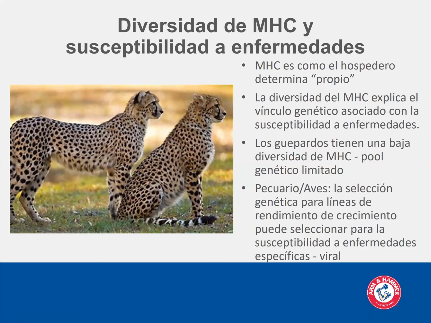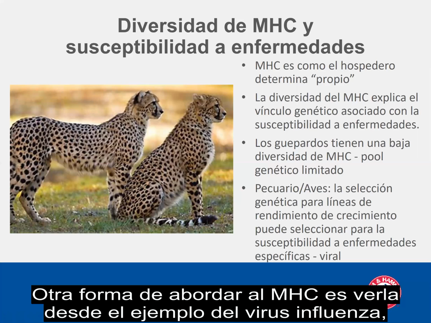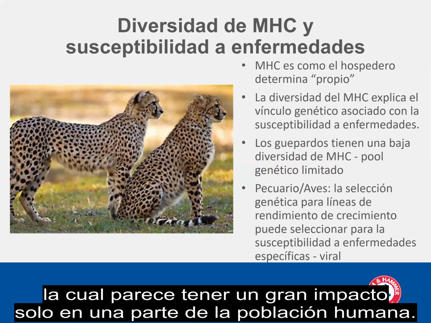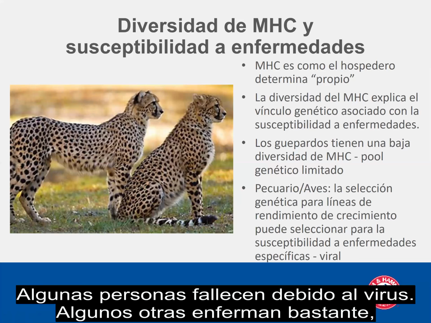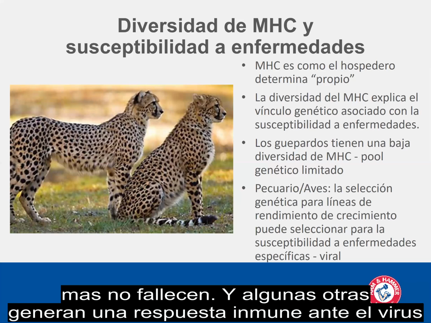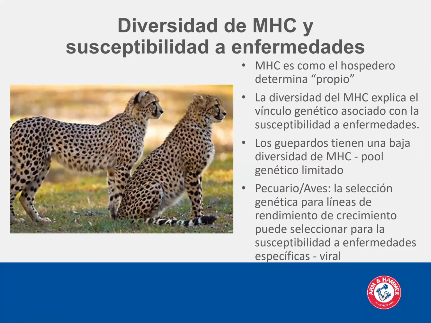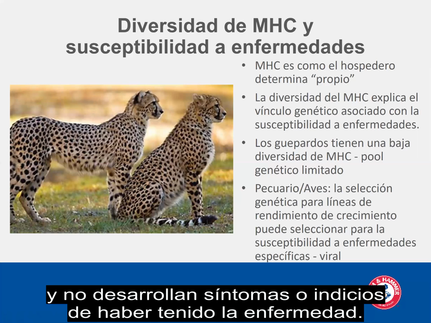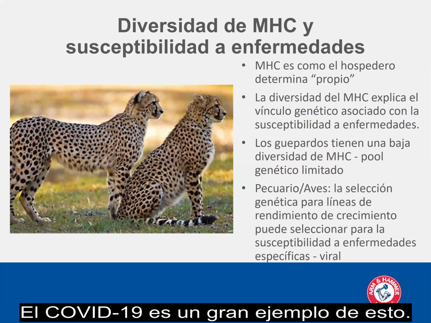So another way you can look at MHC is if you think about a flu virus that seems to impact a certain proportion of the population of the human species that may die off or be killed by a flu virus. Some may get very, very sick, but they don't succumb. And some mount an immune response to that flu virus, but they really may not have any symptoms or know they were ever sick. COVID-19 is a great example of that.